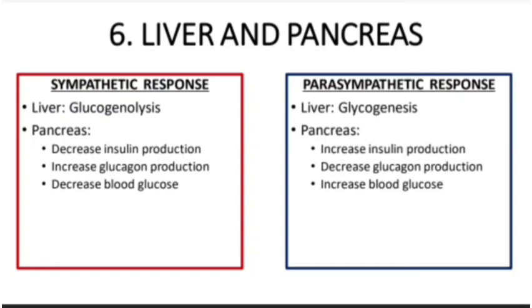For your parasympathetic responses, it's just the opposite. Your liver undergoes a process known as glycogenesis. So genesis pertains to synthesis, making of, creating of. And what does your liver create or make? It creates glycogen.